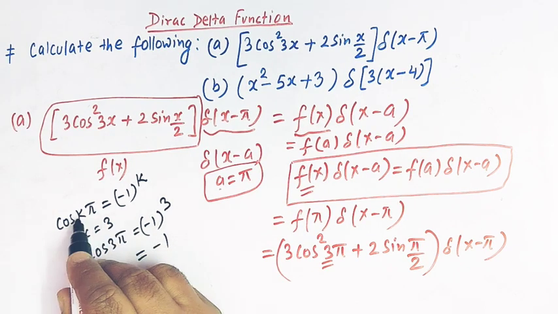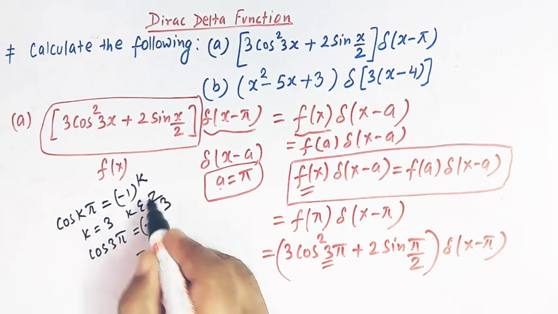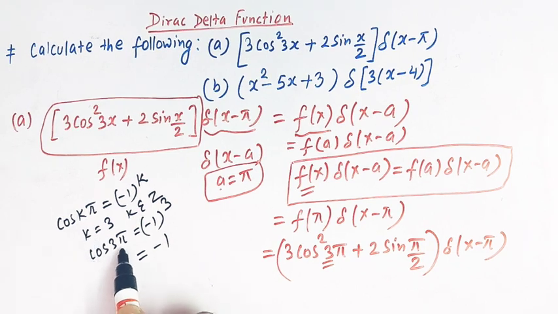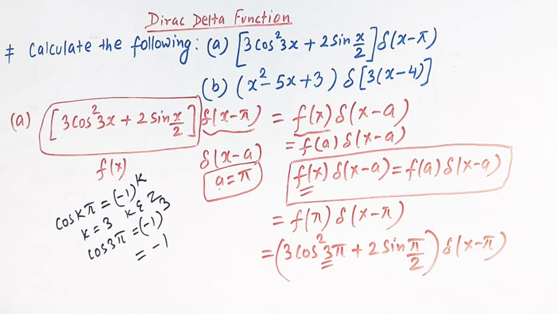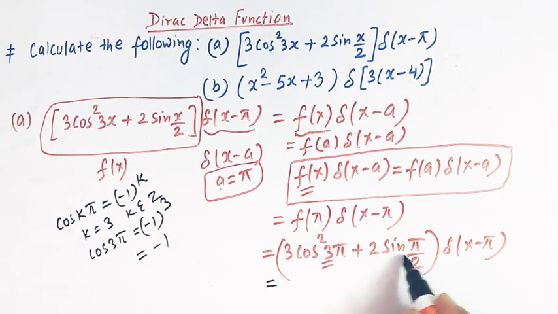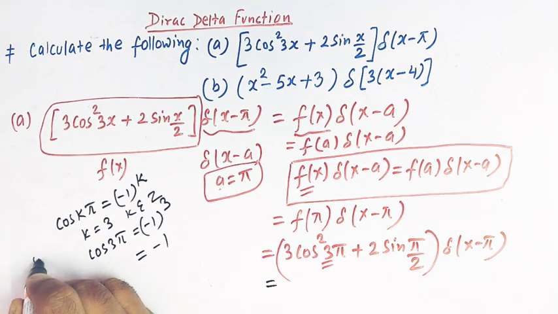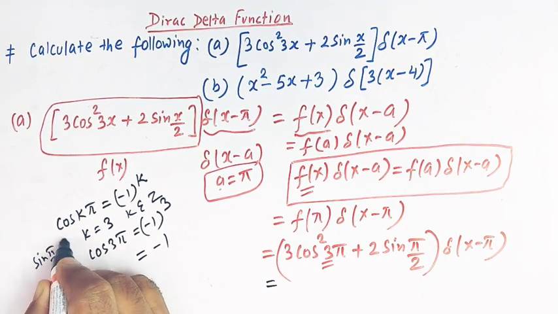Since 3 is an odd number, cos 3 pi is minus 1. And the value of sine pi by 2 is equal to 1.